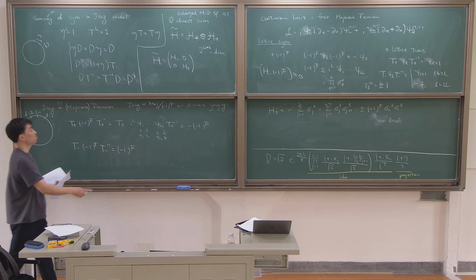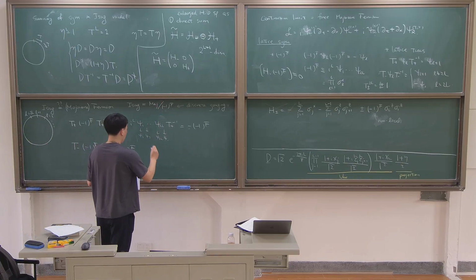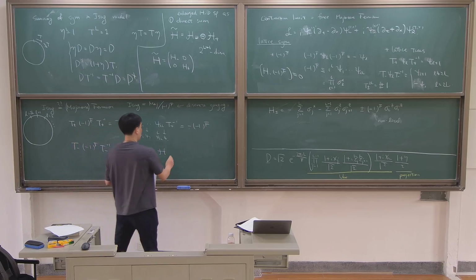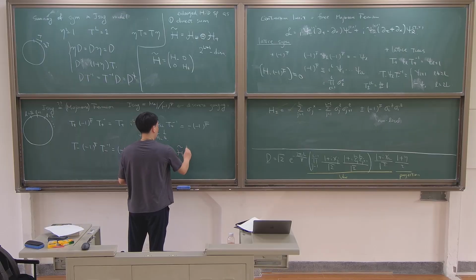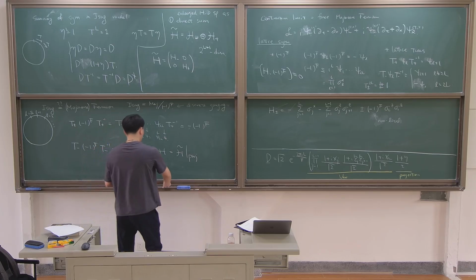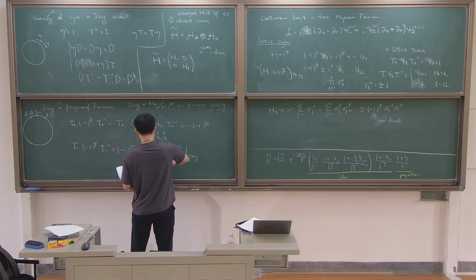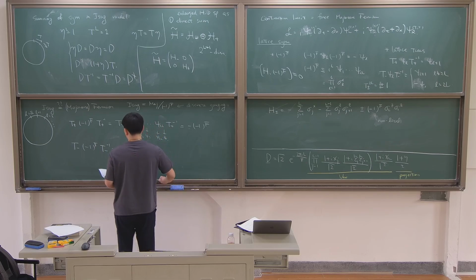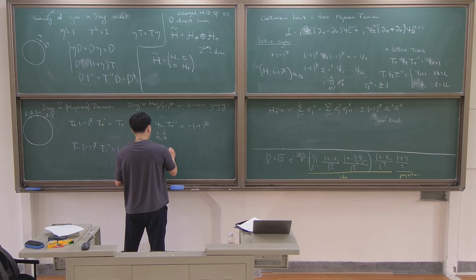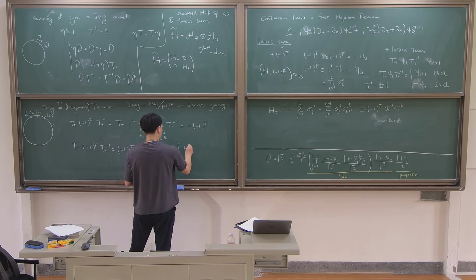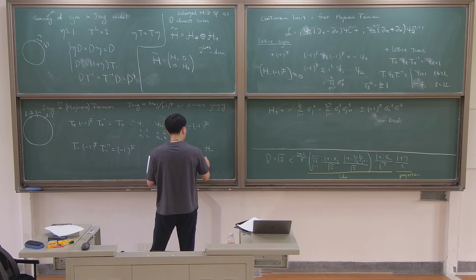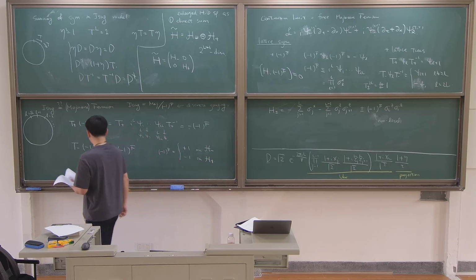Now, this mod means that we just project the Hilbert space. The Hilbert space we are looking at is the total Hilbert space H tilde and projection by minus 1 to the F. So therefore minus 1 to the F acts as plus 1 and minus 1 on the Hilbert space under periodic and minus 1.